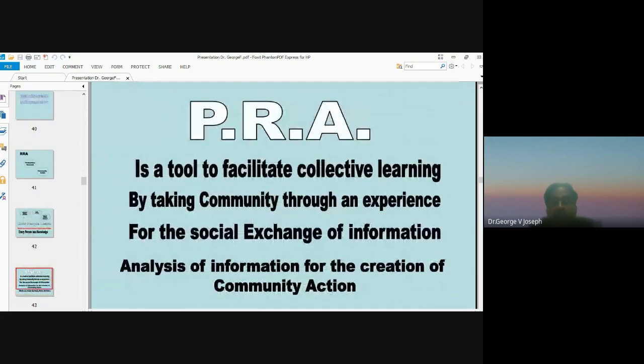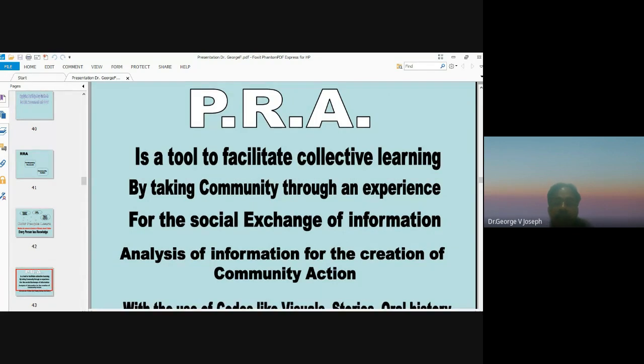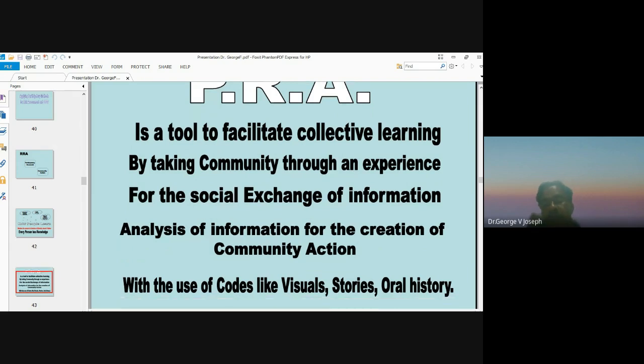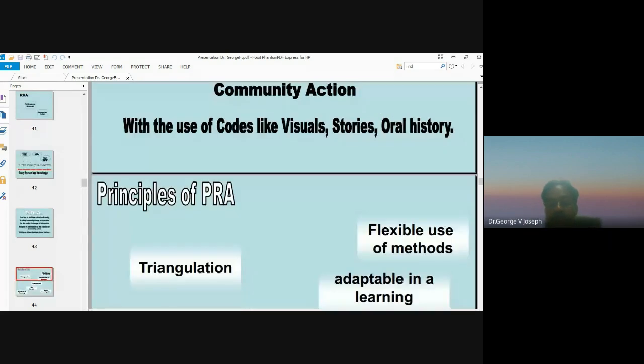It's a tool to facilitate collective learning by taking the community through an experience for the social exchange of information, and analysis of information for the creation of community action. So here we call the various stakeholders in the local community, bring them together, and we have an exchange of information and analysis. And these participatory tools are used.